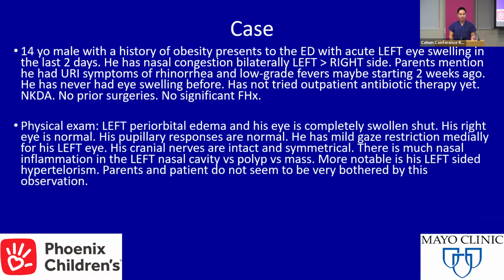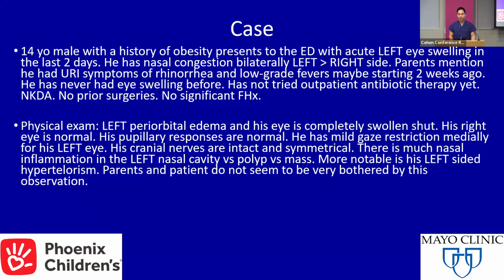Interestingly, on his physical exam, he has left periorbital edema, and his right eye is normal. And for all these cases that come in with concerns for an intraorbital complication of acute sinusitis, you always want to check their pupillary responses. So his pupillary responses are normal.